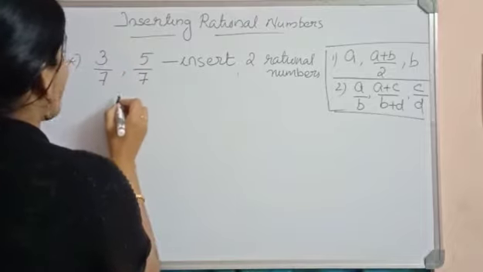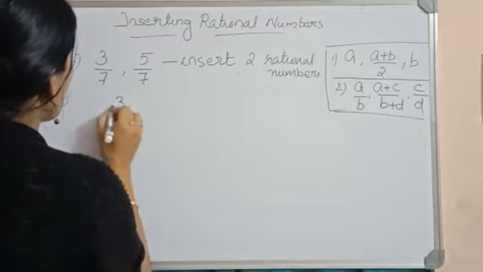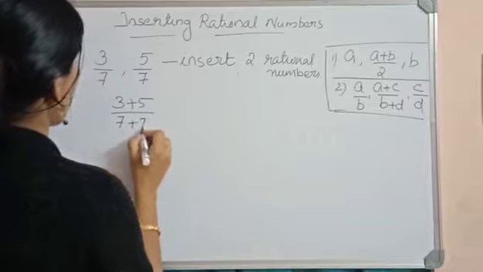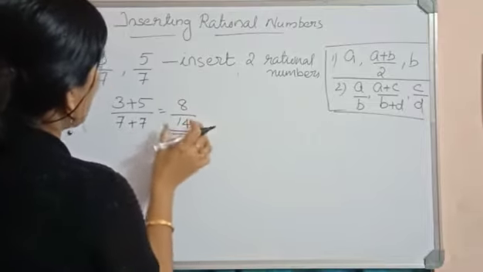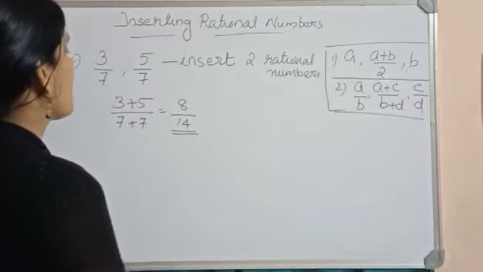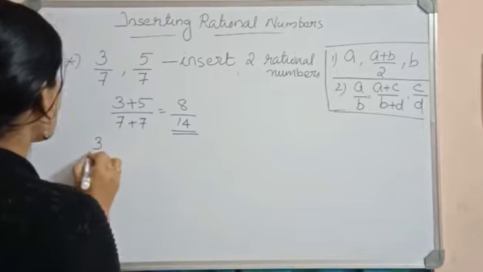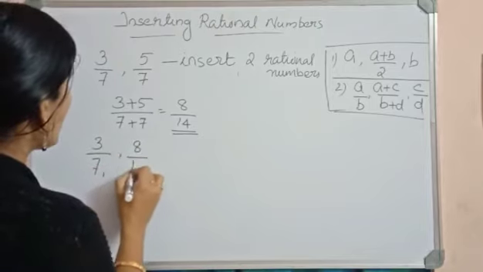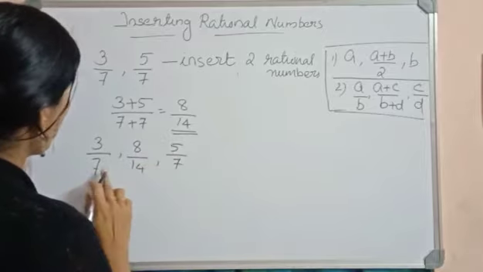Let's consider it. So the first number we get is (3 + 5)/(7 + 7), and that is equal to 8 by 14, and this number lies between 3 by 7 as well as 5 by 7. So we can write this as 3/7, 8/14, 5/7.